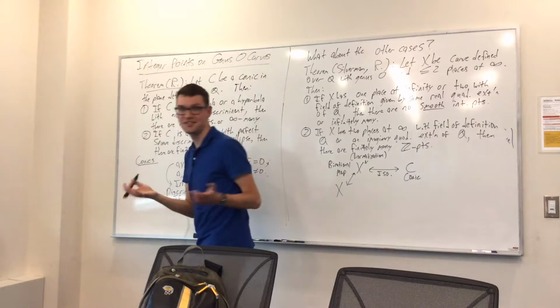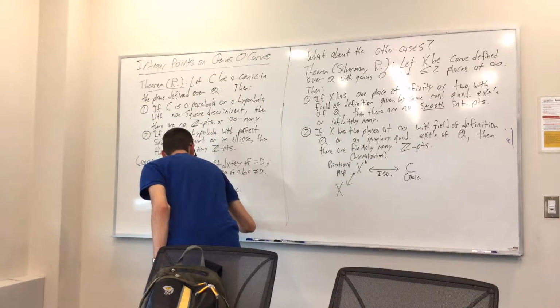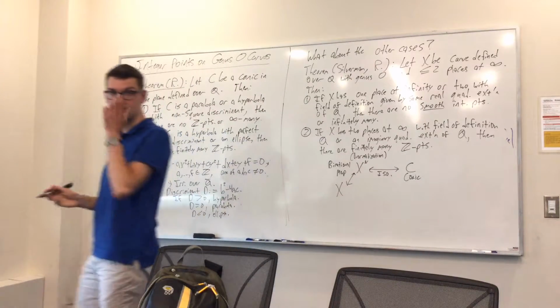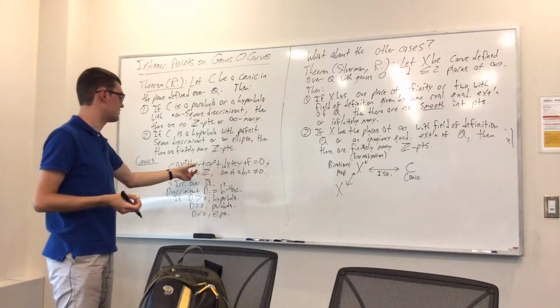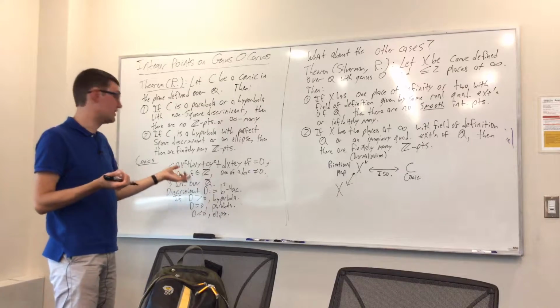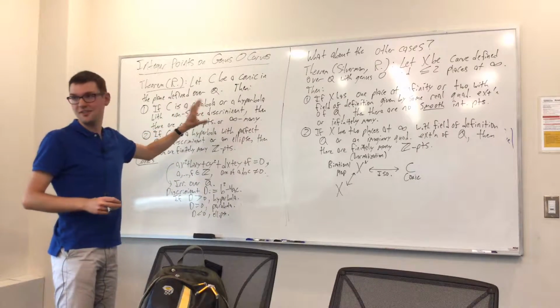And therefore, if d is less than 0, we have an ellipse. So because I've rigged it so that all these parameters are integers, we can always take our discriminant to be an integer. And that's what I mean about whether or not it's a perfect square up here in the theorem.